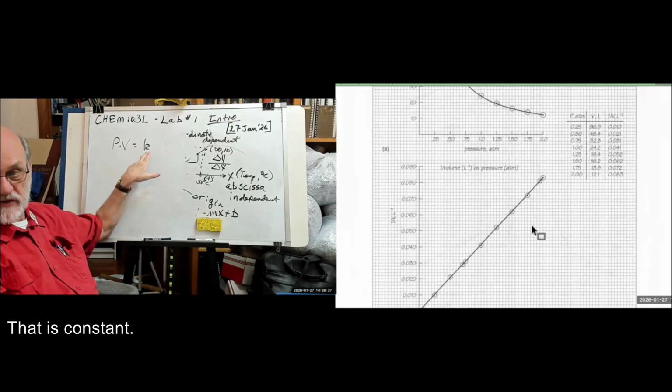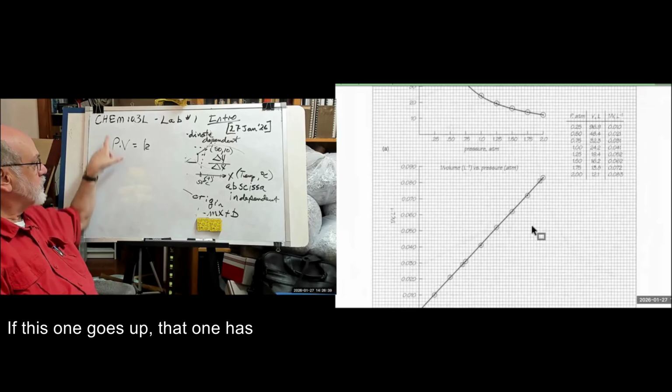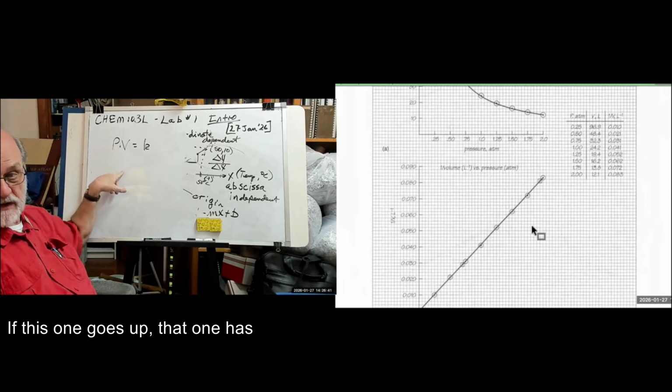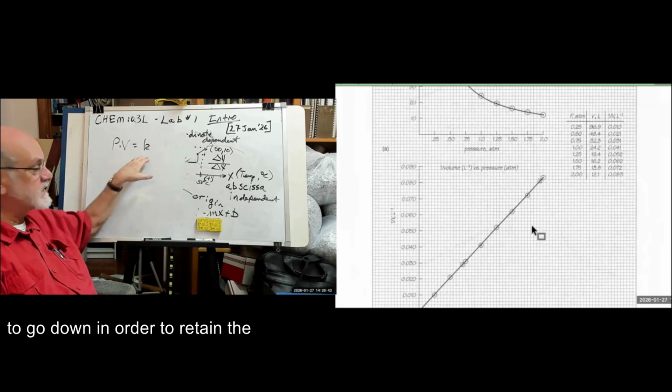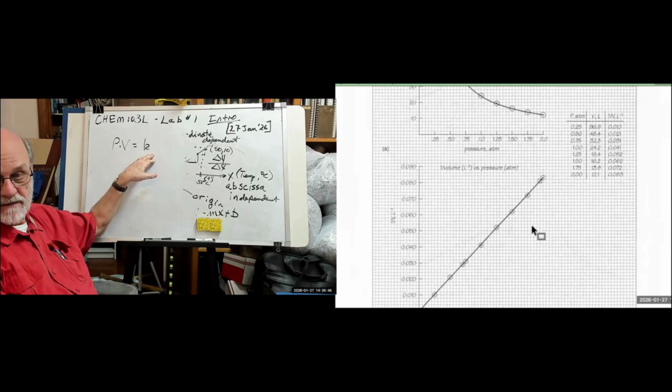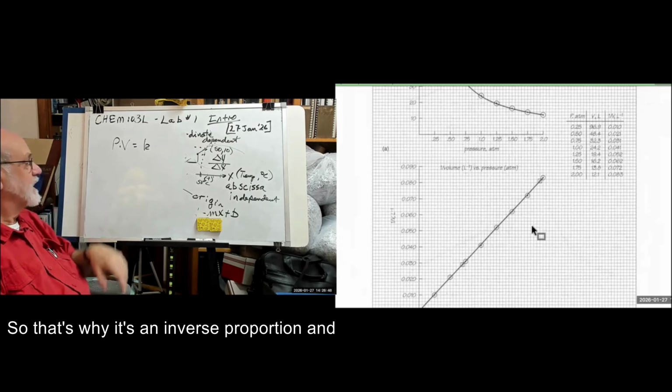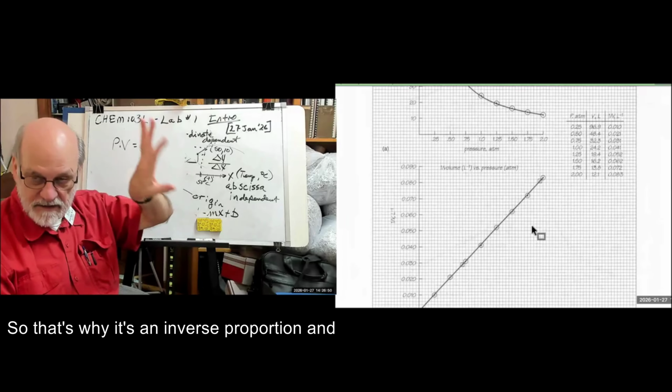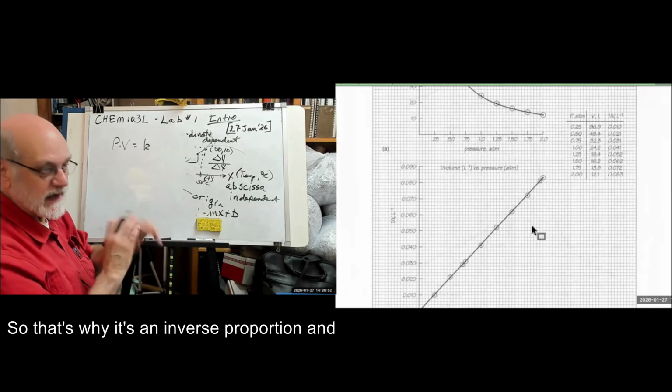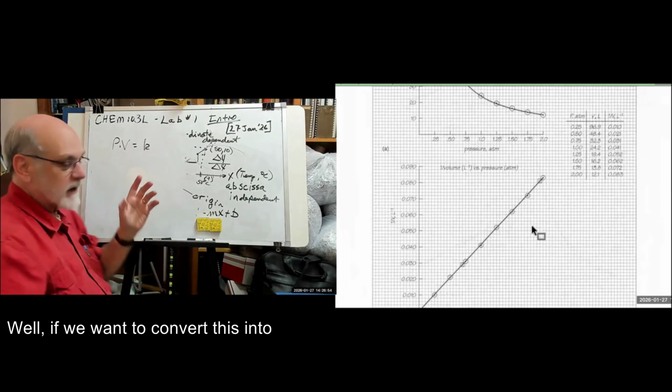Here's why. That is constant. If this one goes up, that one has to go down in order to retain the constant value. Okay, so that's why it's an inverse proportion and a negative slope.